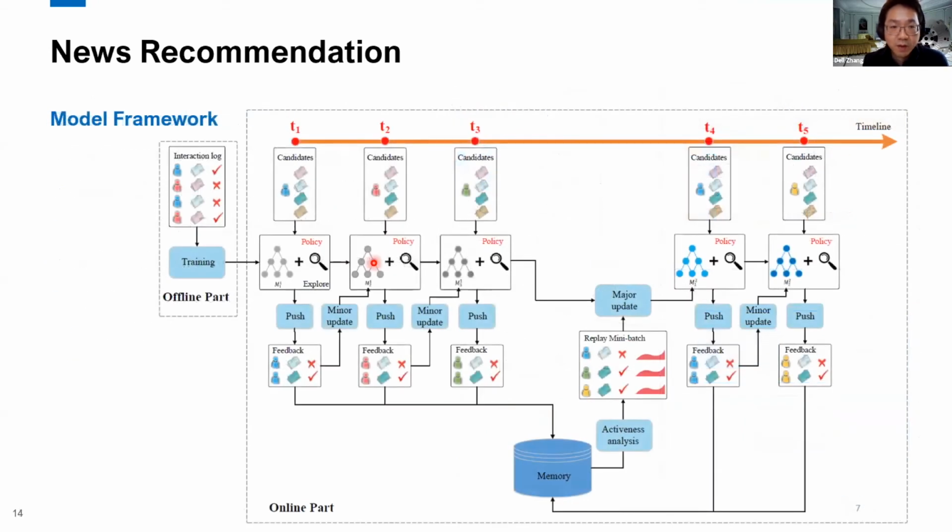So the framework of the model looks like this. It has two parts, the offline part and the online part. In the offline stage, the recommendation algorithm would make use of 4 kinds of features: features representing the user, the news item, also the context, and the interaction between the user and the news item.